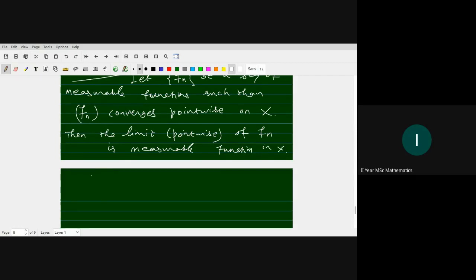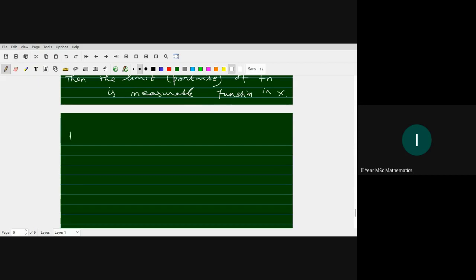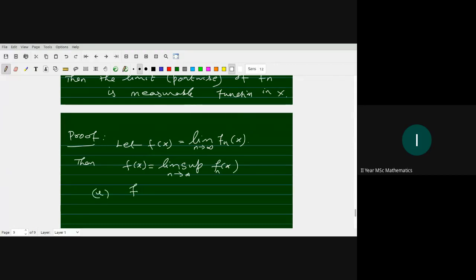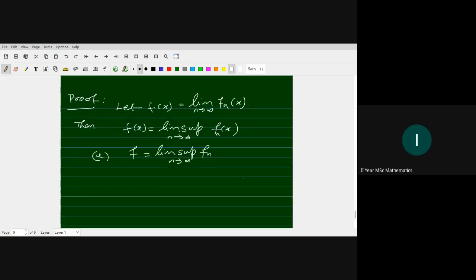The proof is very simple. Proof of the corollary: let f of x equal the limit of fn of x, n tends to infinity. Then f of x is written as the limit supremum, n tends to infinity, of fn of x. That is, f is limit supremum of fn, and this is measurable, right?